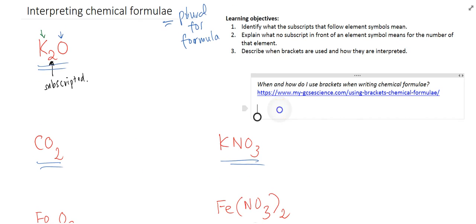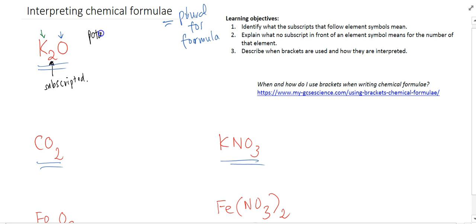So in this case, K2O is potassium oxide. K2O just tells us that there are 2 potassium ions and 1 oxide ion in the compound.